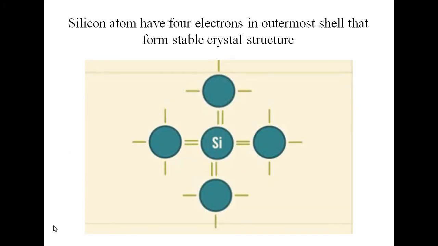Okay, if you observe here, a silicon atom has 4 electrons in the outermost shell that form a stable crystal structure, which is used to form the p-type and n-type semiconductor, because this solar cell is nothing but a simple p-n junction diode. So silicon has 4 electrons in the outermost shell.